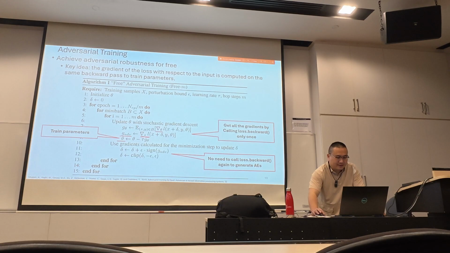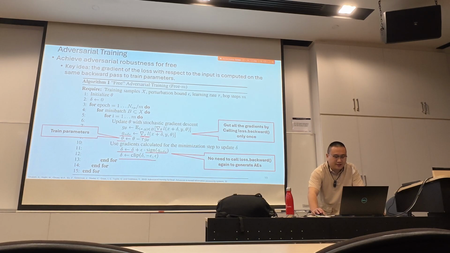We apply the PGD-style update. We calculate the sign of the adversarial gradient, and then we update the perturbation, and we make sure that the perturbation is in the allowed range. In this way, we reuse the gradients when we train the model.